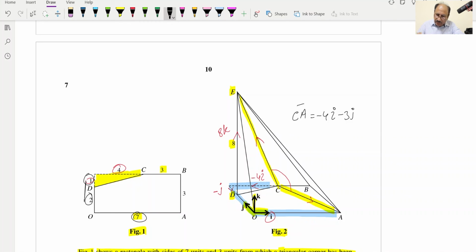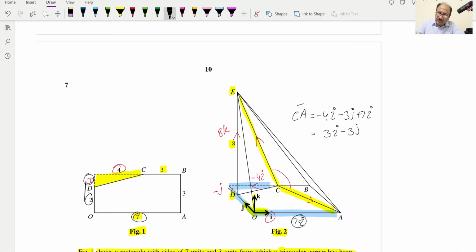This side is 7i, so we can write here plus 7i. Now adding like terms, this will be 3i, because minus 4i plus 7i will be 3i, and minus 3j. This will be our CA.